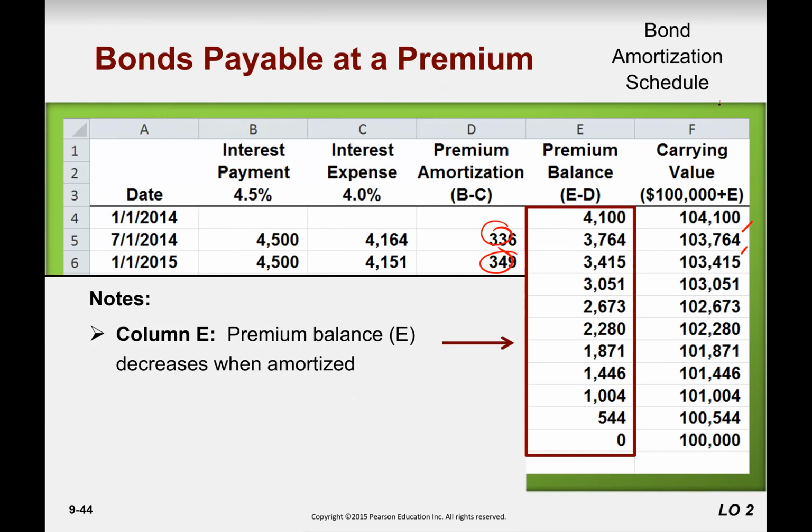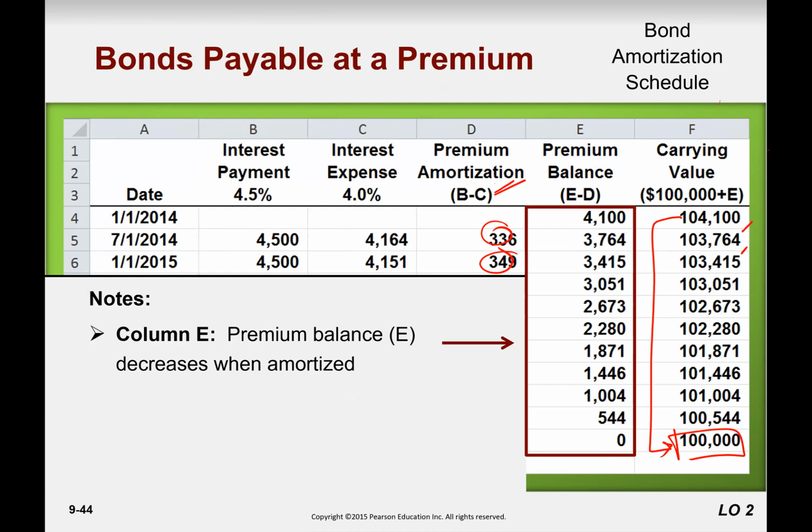Why? Because at the end the value must go back to its liability value, its maturity value, its face value, its principal value, right? So we need to decrease the bond value, the premium bond value, right? In case of discount, the amortized discount is added to the bond value.